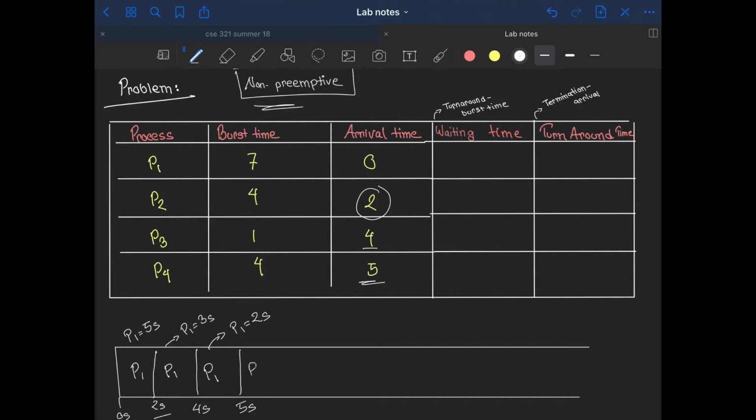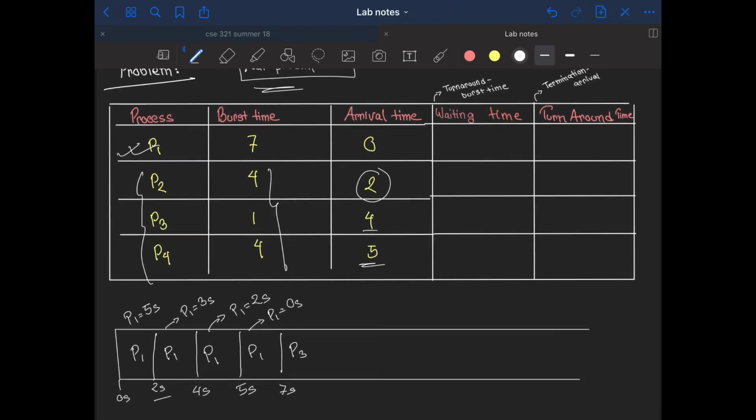So P1 continues, and at the 7th second, P1 has completed all of its work. And all the other processes, P2, P3 and P4, have already come into the RAM. Now we are going to compare between all of these, right? So P3 has a smaller burst time, so P3 takes the CPU, works for 1 second and wouldn't have anything left, so 8 seconds. Now we have P2 and P4.